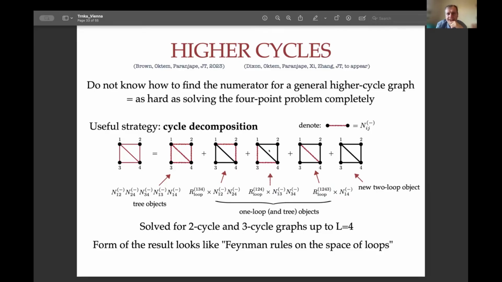However, this is really about constructing the numerator, because if we divide it by the denominator, these individual pieces are not logarithmic. The form is not logarithmic, only the sum is logarithmic. All the possible double poles from the denominator cancel.